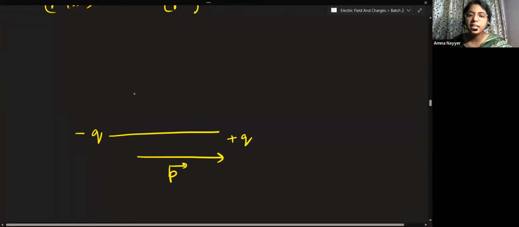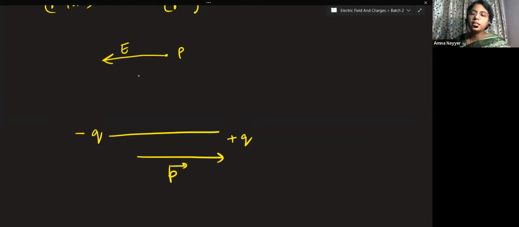And if I give you this point, let's say P point, this is on the equatorial line of it. If the dipole is directed towards the right, the electric field will be directed towards the left because it is the equatorial case. So this will be the direction of electric field.